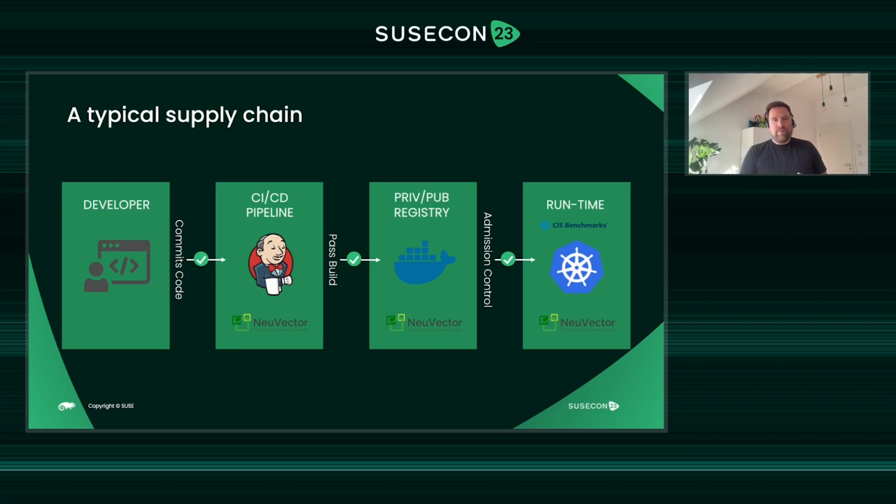And NeuVector does that. It has a very nice and easy to use admission controller, and you can create your own rules depending on your requirements to, for example, say, hey, Kubernetes, please do not allow the creation and deployment of containers that already have known security vulnerabilities.